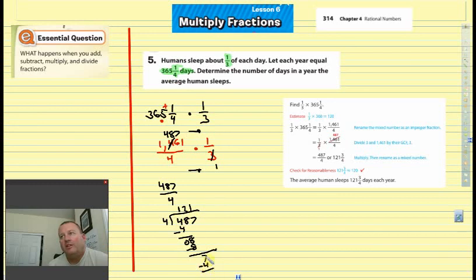You subtract. 7 minus 4 is going to be 3. So we look at this and say, okay, 121, that's the whole number. 4 is the denominator. And 3 is what's left over. And so according to this information, the average human sleeps 121 3/4 days a year.